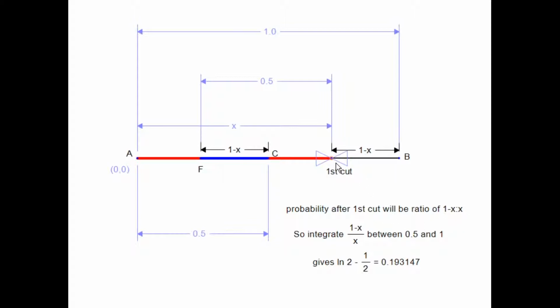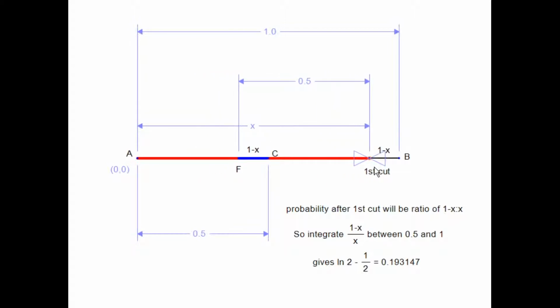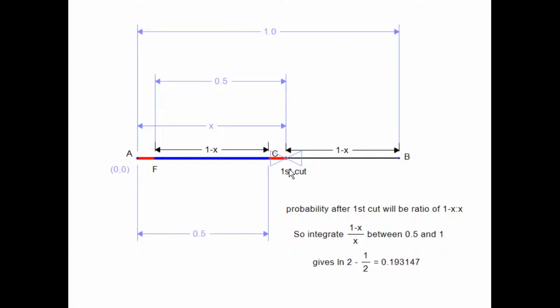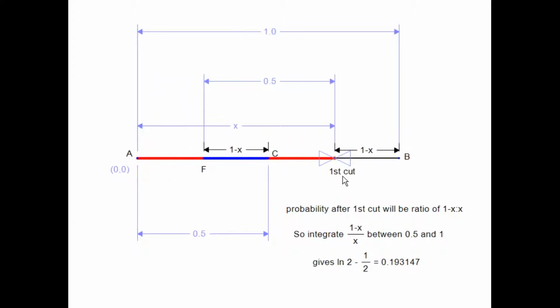So if you go closer to here, 1 minus x gets smaller and smaller, so the probability goes to 0. Whereas if you move in this direction, you increase the probability. The blue region gets bigger and bigger.